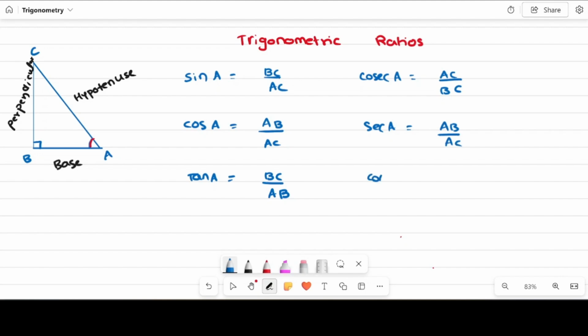Then we have cot, which is the ratio of base to perpendicular. Right? Now if you look at these ratios, we can see certain relations between certain ratios.